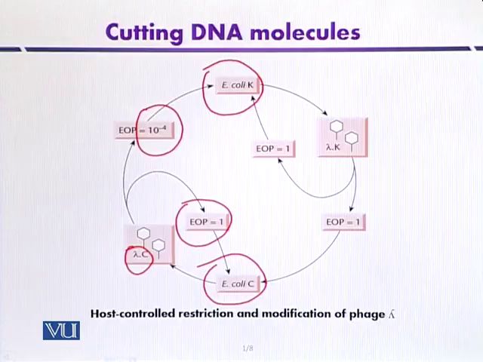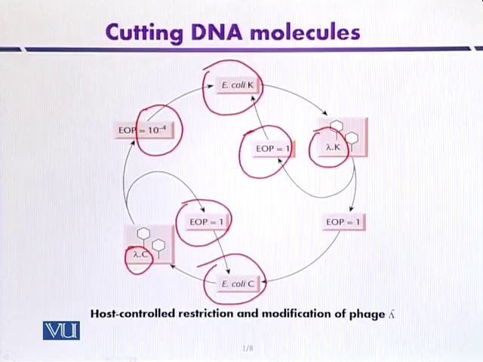That indicates the restriction of the phage by the second host strain, E. coli K. But once the phages have been grown on E. coli K, if they are used again to reinfect E. coli K, then the plating efficiency is high.